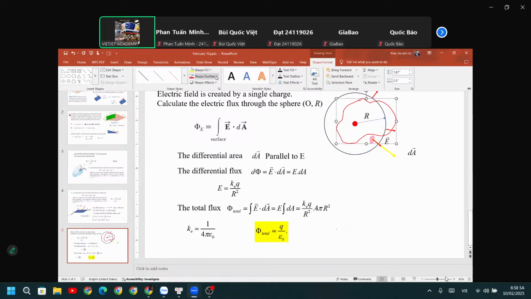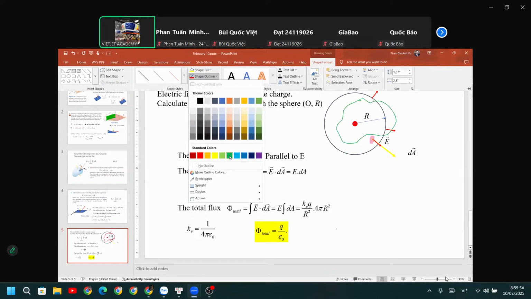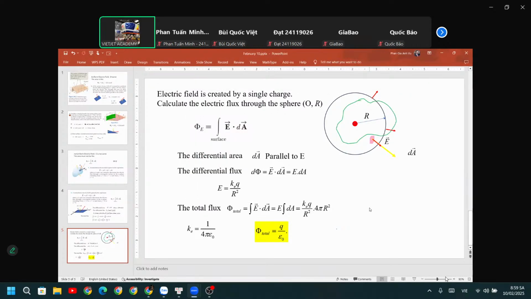Or the green, I think it's the green, right? Then if you calculate the flux through the green surface, now this isn't the sphere anymore, right? It will still be equal to q over epsilon zero. So this is the Gauss law.